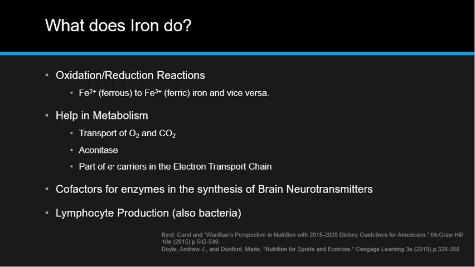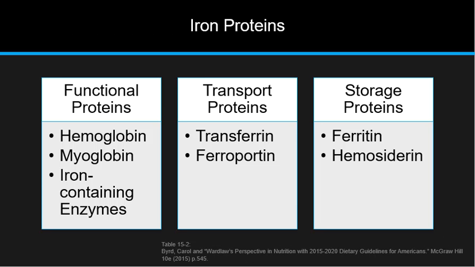But this is one of those things that is very important to keep in mind as we are regulating our nutrition, because if we don't have enough, then we're not able to make those lymphocytes. But if we have too much iron, bacteria actually require iron to grow and to proliferate, or to divide. And so that's one of those things we've got to keep in check, keep that balance.